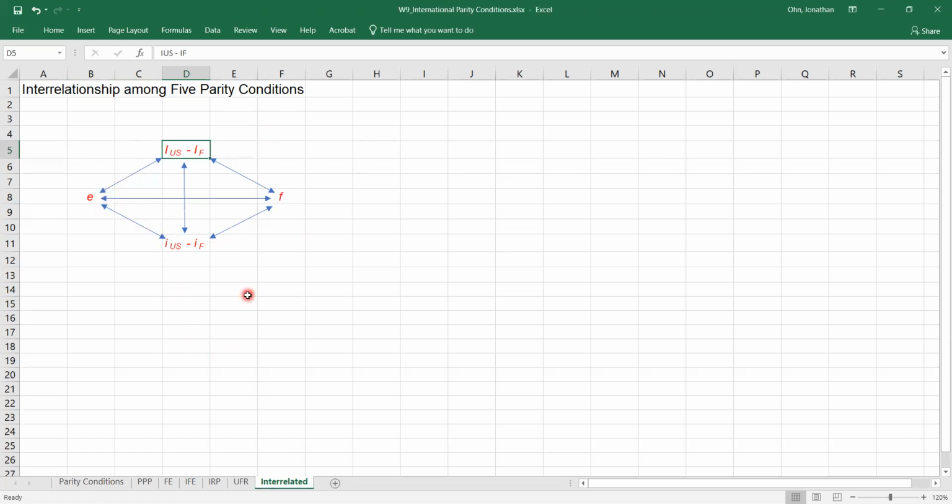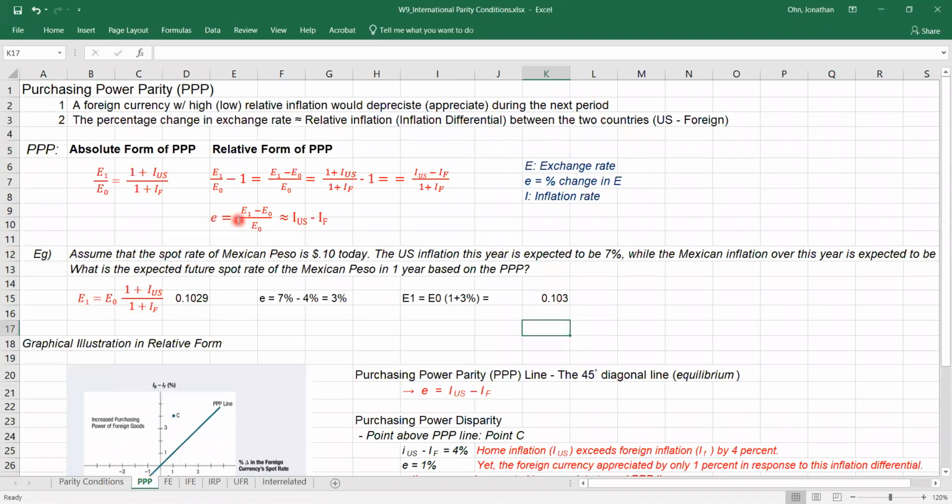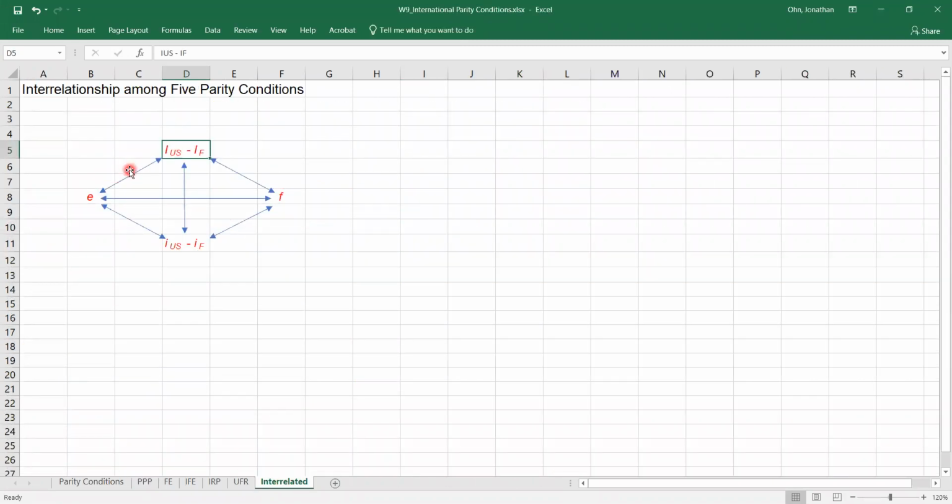This big one is inflation. If you go back there, percentage change in exchange rate and relative inflation, the first one is PPP. See, PPP connects percentage change in exchange rate and relative inflation.